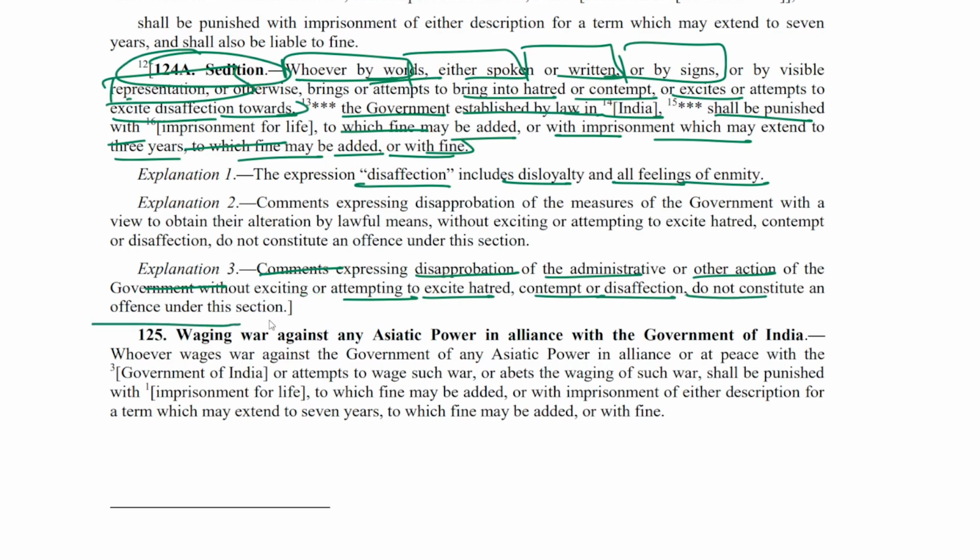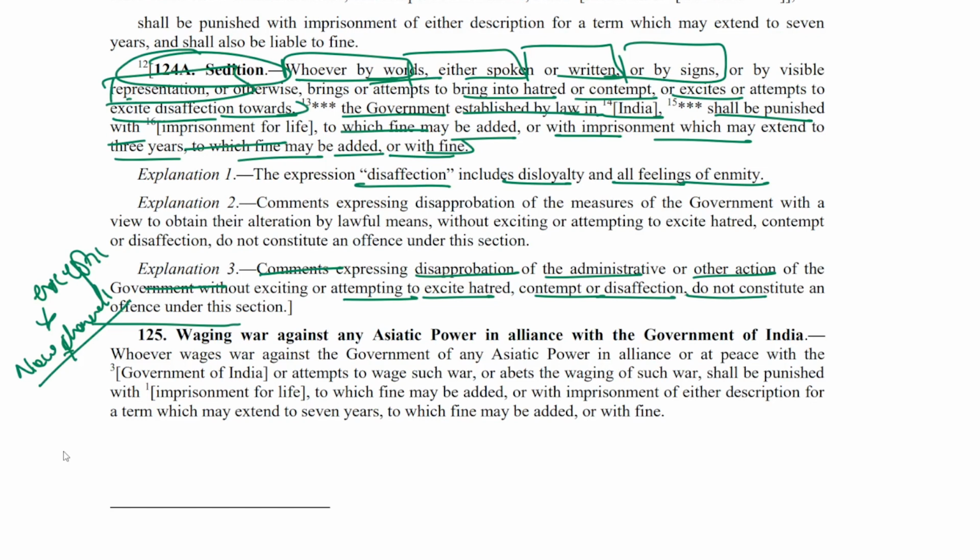So this becomes an explanation or exception, and that is why the news channels are actually able to criticize the government and the government policies, because it also plays an important role.